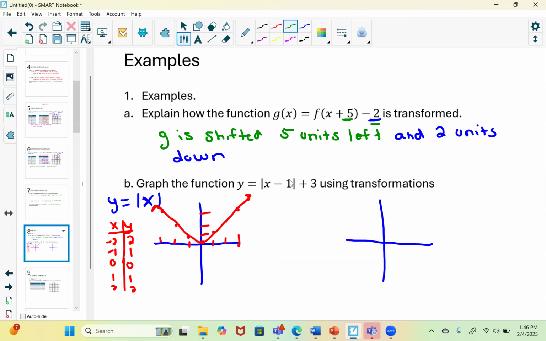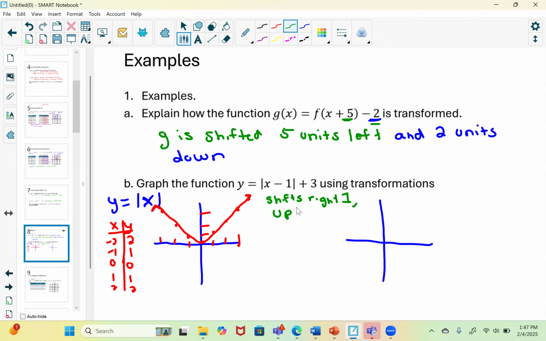So we're going to now graph this based on knowing this, using our transformation. So we know from this, the -1 shifts each point right 1. And then we're going to go the +3, which is on the outside. The -1's inside, so that's changing left to right. This +3 is outside the absolute value, so that changes the y value.